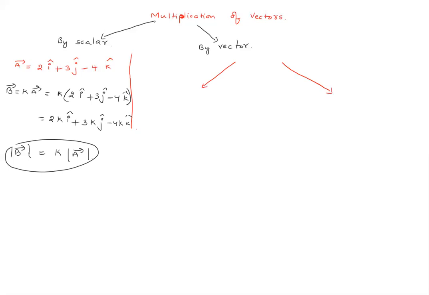The first type of product is called scalar or dot product. The second type of product is called vector or cross product.